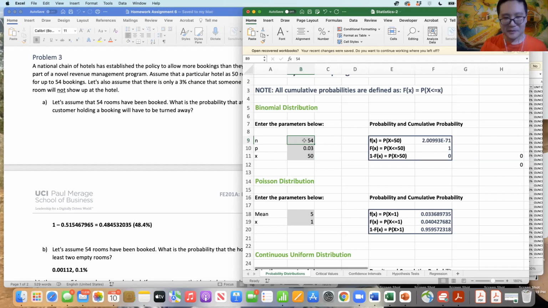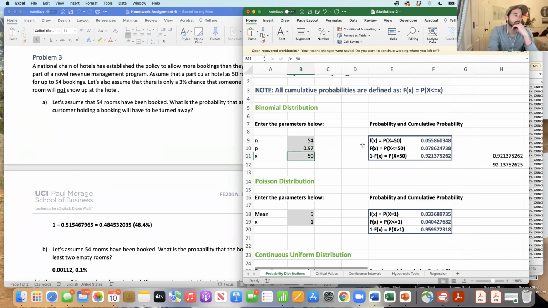However, the probability is not correct here. Is it 0.97? Yes, because what we want to present is the success rate, not the failure rate. That makes sense.